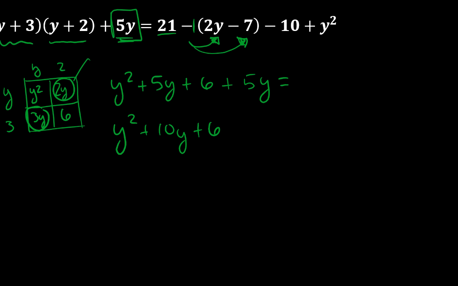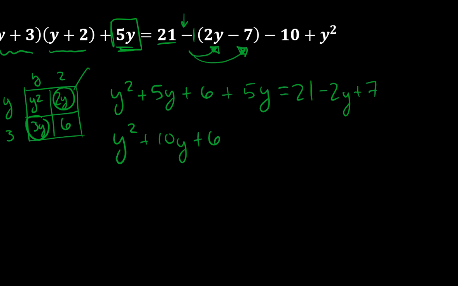So I'll start with the 21, and then I'll rewrite this as minus 2y and then plus the number 7. So again, this is indicating that I need to take the opposite of this binomial. Both of those changed in sign. It became a negative 2y and then a positive 7. And then you can see there is a minus 10 and then plus a y squared.